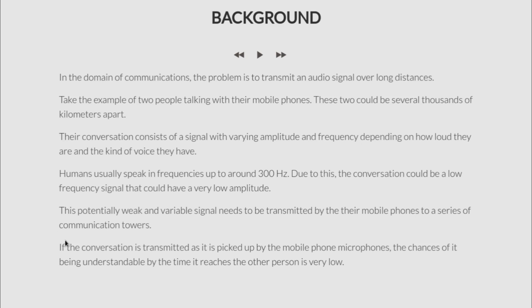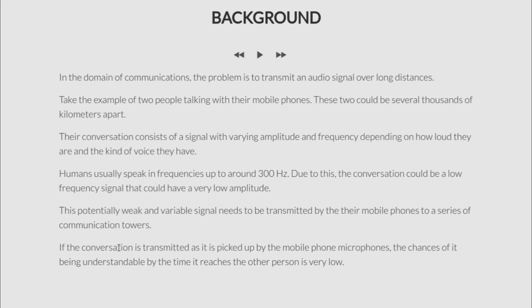Now every time the signal passes through all these communication towers and through this distance, it's going to keep getting weaker and weaker. Why? Because as you transmit the signal, there are going to be losses. It's wireless transmission, right? The air is going to absorb some of that energy.